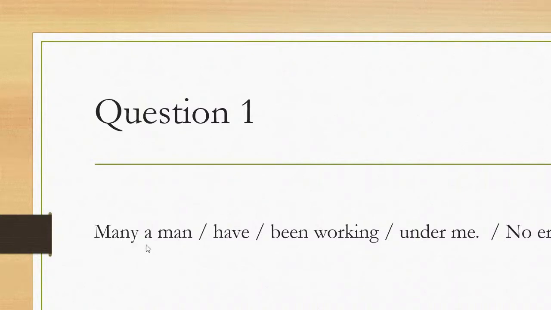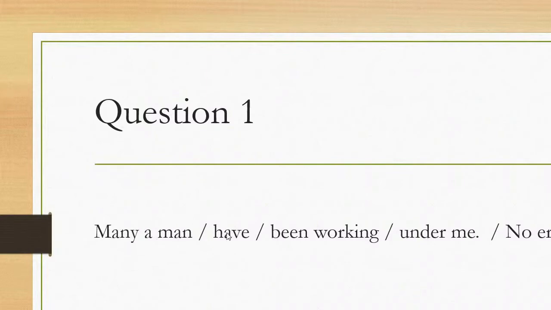So "many a" is a phrase in English and the sense is the same. It's like saying "many." But when we use "many a," we have to use a singular noun followed by a singular verb, because the expression will always take a singular verb.